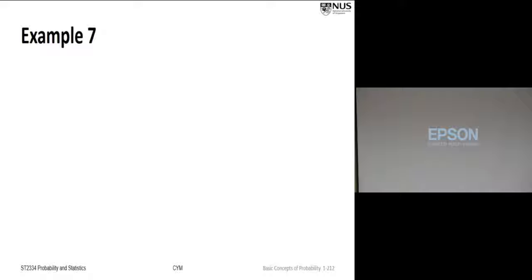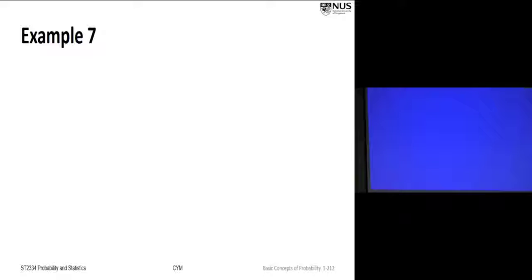Okay. So last week we talked about conditional probability. It's a very important concept. The idea is that if you are told that a particular event has occurred, then what is the probability of an event occurring?